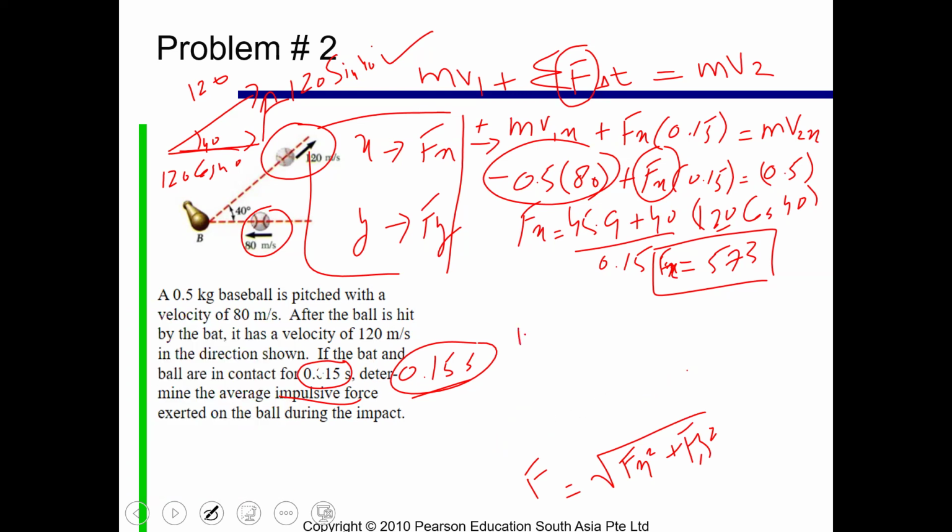y-axis. Here I will take the upward direction positive for velocity. So m v1y plus Fy into 0.15 equals m v2y. So students, is there any y component of v1?